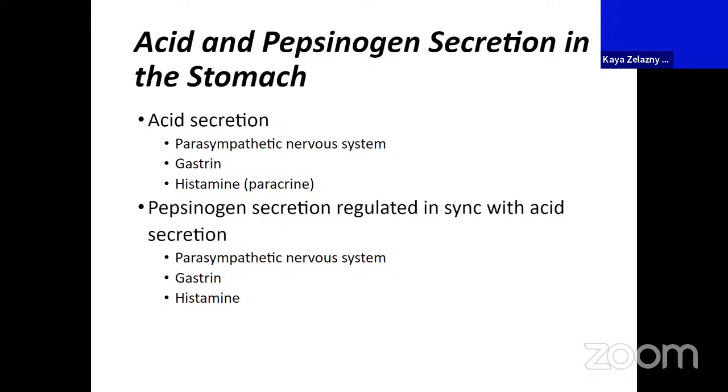Their job with respect to the food we're digesting is to unfold molecules, but really to activate the pepsinogen. Pepsinogen was that zymogen, right? That inactivated form of our enzyme that starts the process of breaking down proteins.